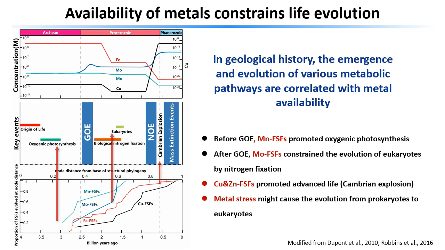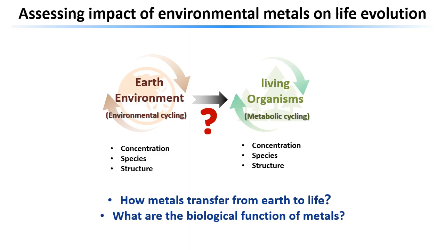After the GOE, molybdenum-related proteins constrained the evolution of eukaryotes by, for example, nitrogen fixation. And copper and zinc-related proteins, together with other metalloproteins, also promoted advanced life and even the Cambrian explosion. The most recent research even suggests that metal stress might cause the evolution from prokaryotes to eukaryotes.